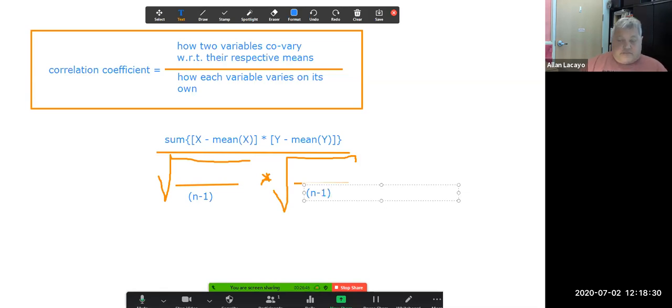That is arithmetically computed by taking the square root of the variations in each variable. And those variations are calculated by taking the sums of how each value differs from the mean of each variable squared. So it is the squared deviations that help us compute that.